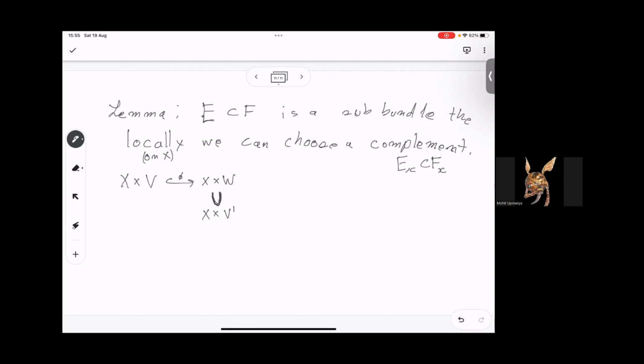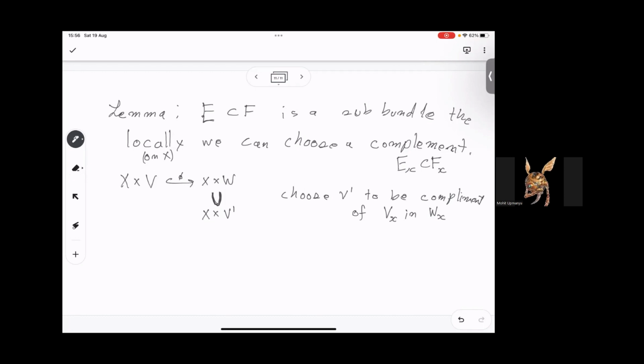Right. So, I'll just write this properly. Choose V prime to be a complement of V_x in W_x.